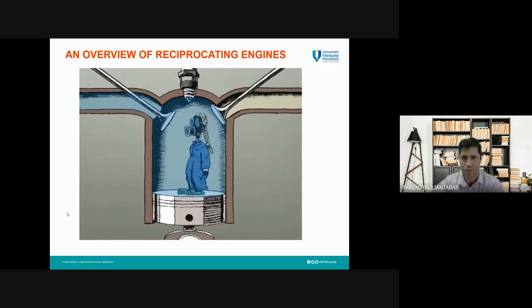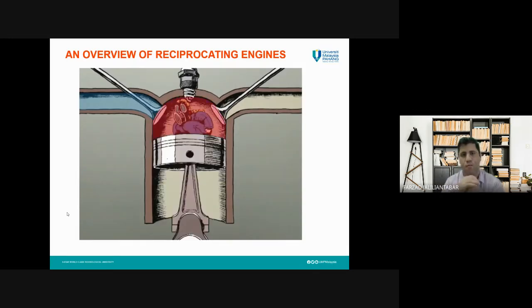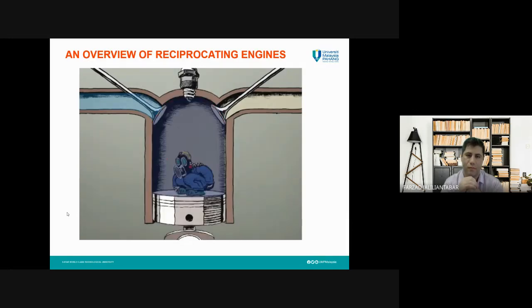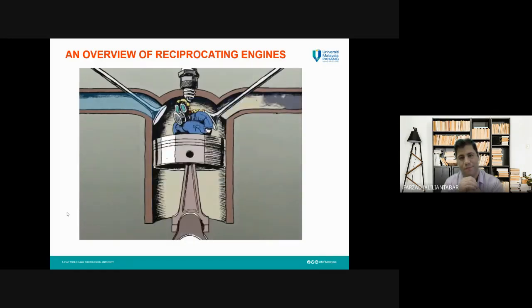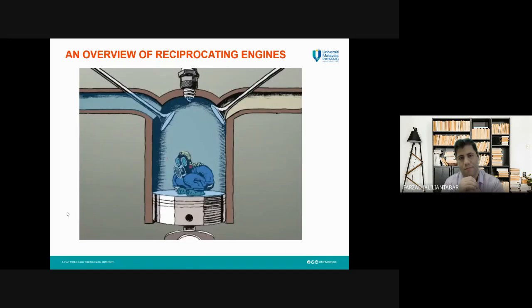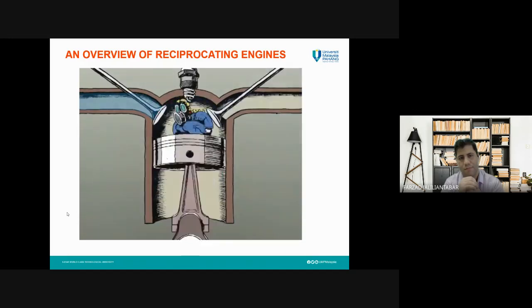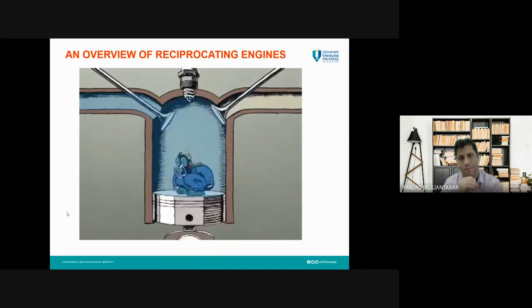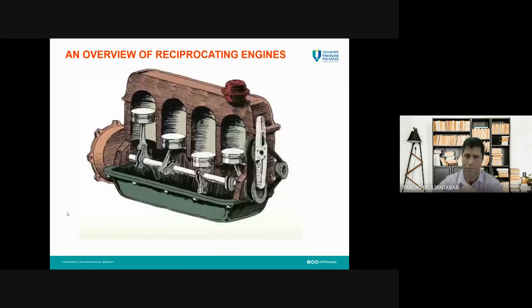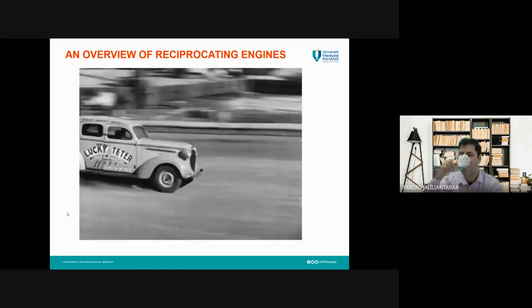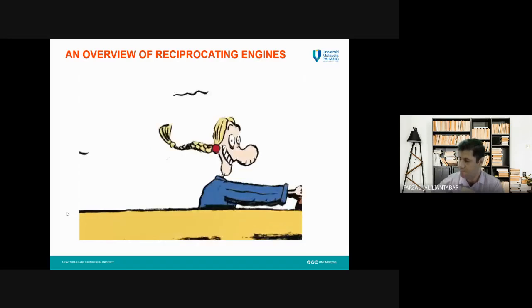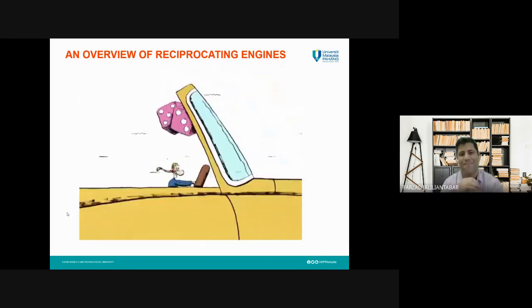Second, as it comes up, the piston compresses the fuel-air mixture. Third, a spark from the spark plug ignites the mixture, which pushes the piston down again. Fourth, the exhaust valve opens and as it comes up, the piston pushes the spent gases out. And the cycle starts over again. Intake, compression, combustion, exhaust.